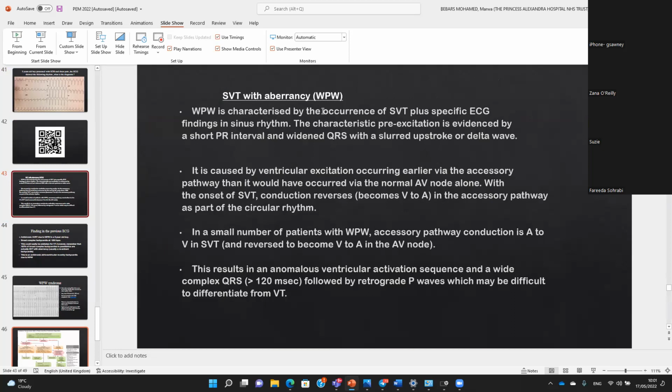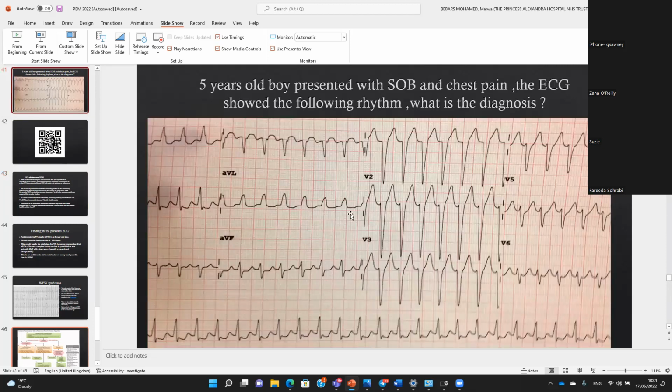So it's characterized by the occurrence of SVT plus a specific ECG finding. That will be a characteristic pre-excitation, as evidenced by a short PR interval, as we said, widening of the QRS due to the antidromic conduction, and a slurred upstroke or delta wave, which is dominant here.